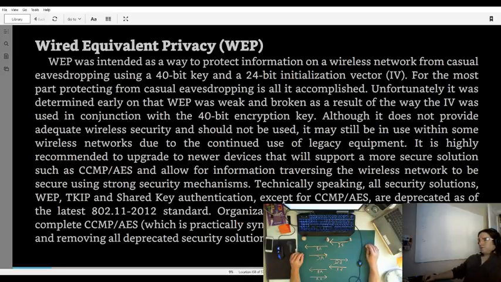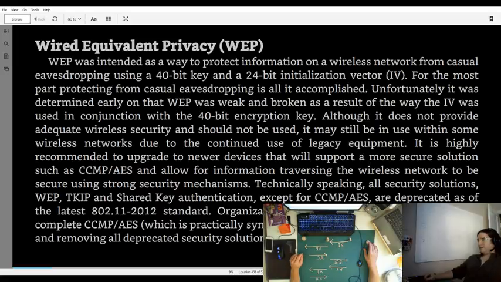For the most part, protecting from casual eavesdropping is all it accomplished. Unfortunately, it was determined early on that WEP was weak and broken, as a result of the way the IV was used in conjunction with the 40-bit encryption key. Because it does not provide adequate wireless security, it should not be used.